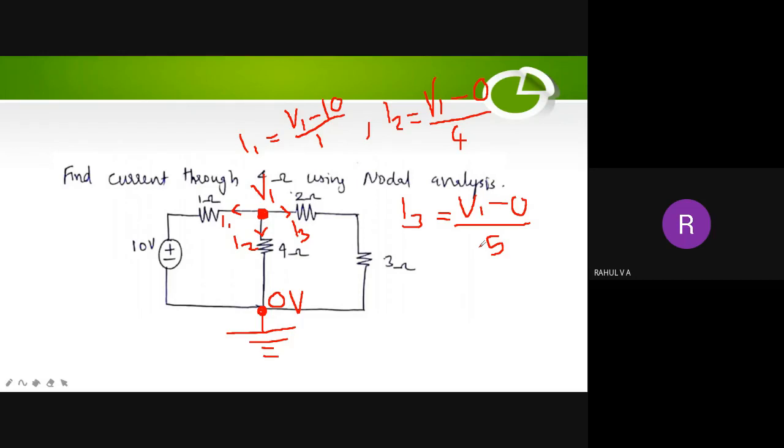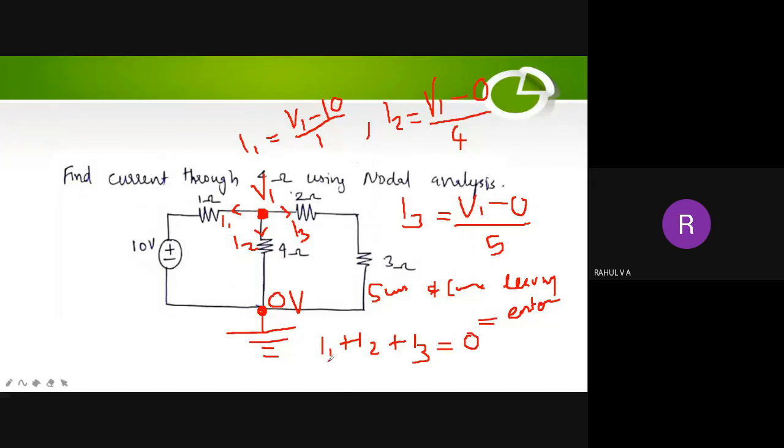Since we are assuming all currents are leaving away from the node, sum of current leaving is equal to sum of current entering. So sum of current leaving is I1 plus I2 plus I3, and there is no current entering the node, so 0.